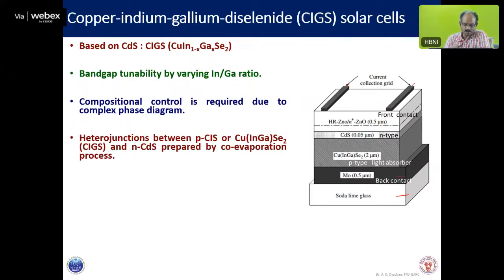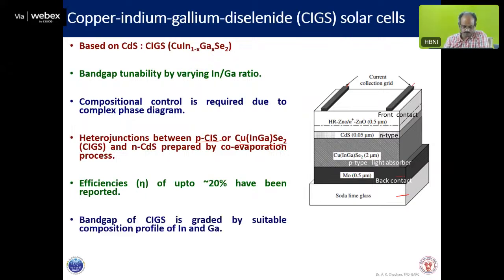The heterojunction between p-type CIGS, copper indium gallium selenide, and CdS is prepared by co-evaporation process. The efficiency of these solar cells is up to 20%.